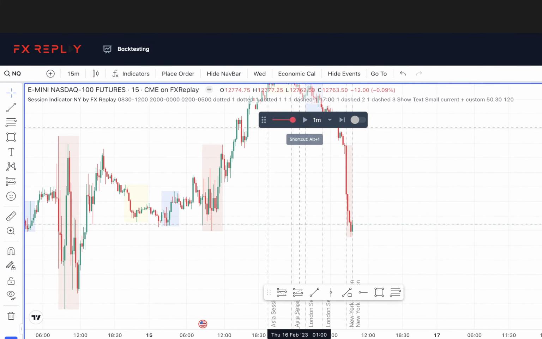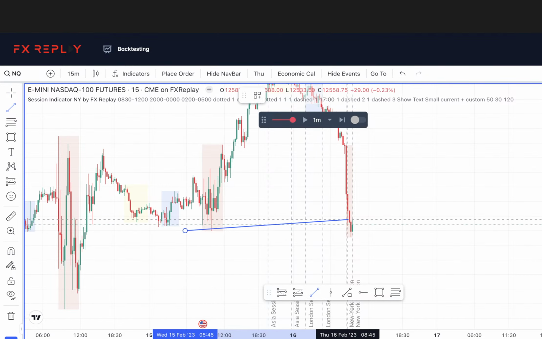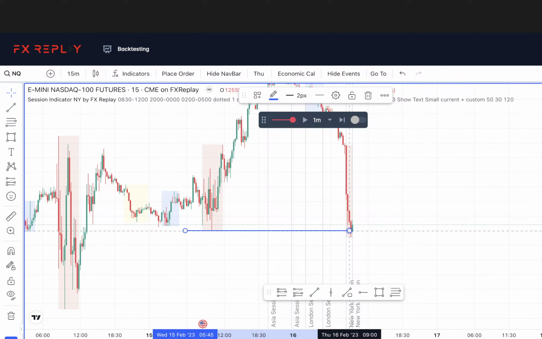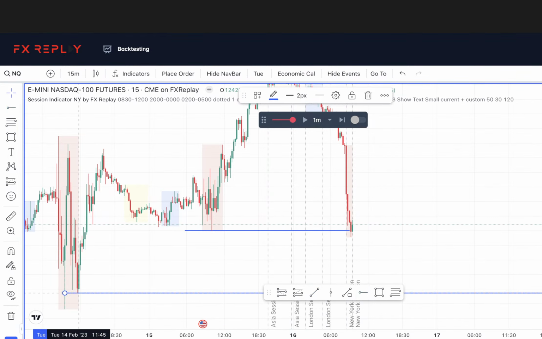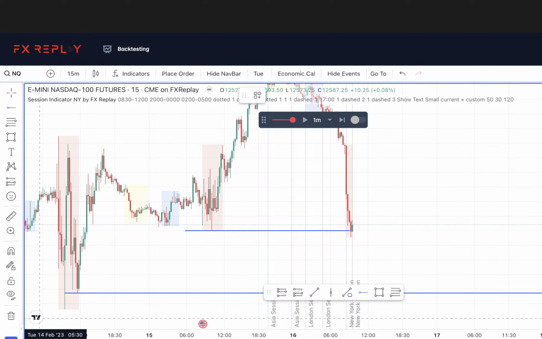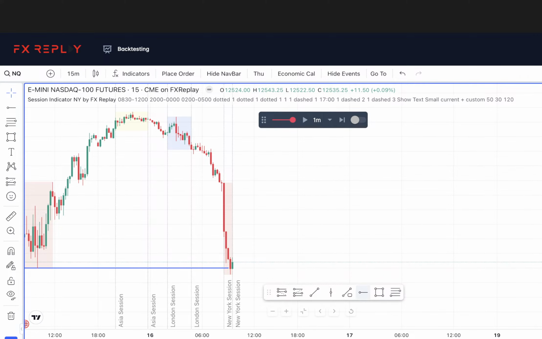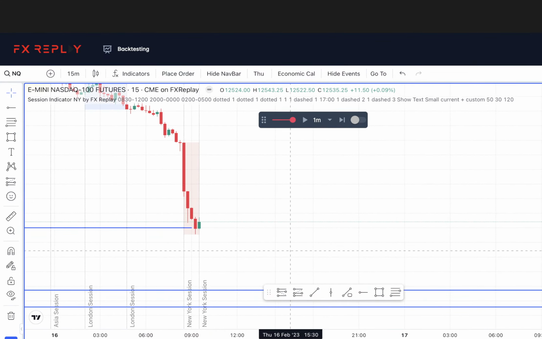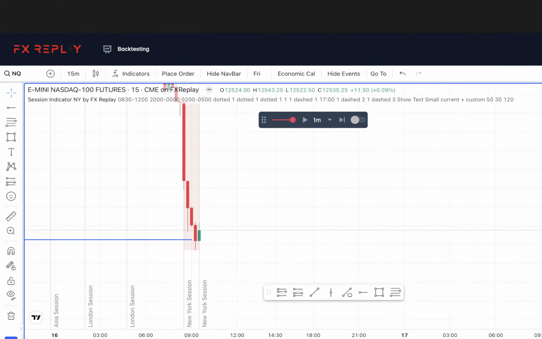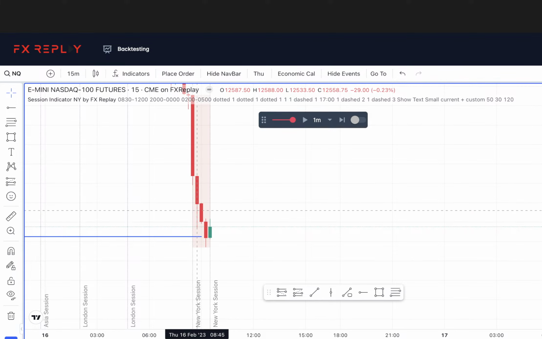we already swept this, so we could reverse from there. We have some liquidity here. We do have like no buy side, but we have a bunch of 15-minute, not a bunch, because this is not the wick.